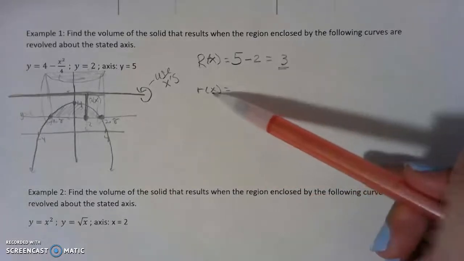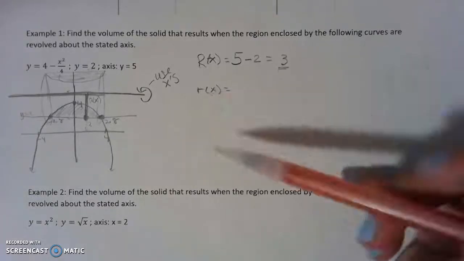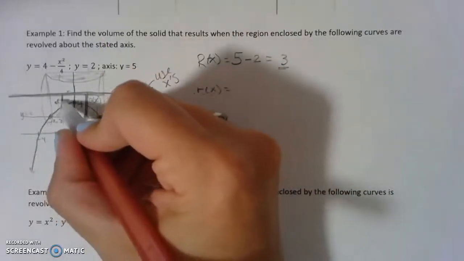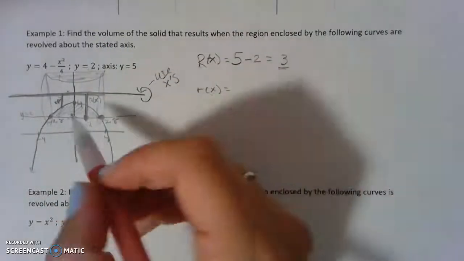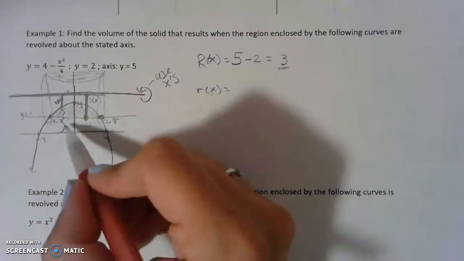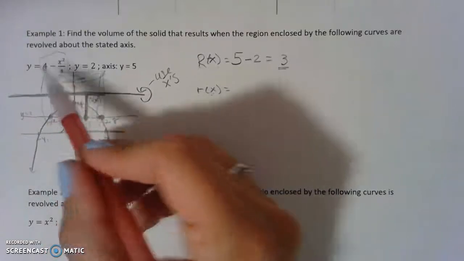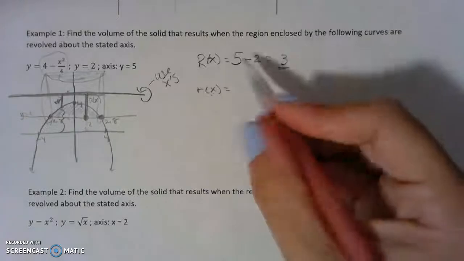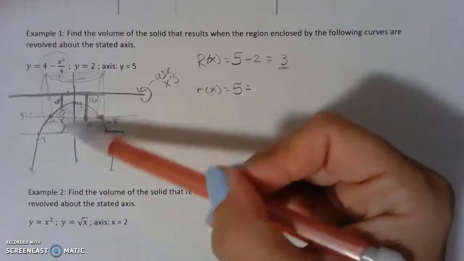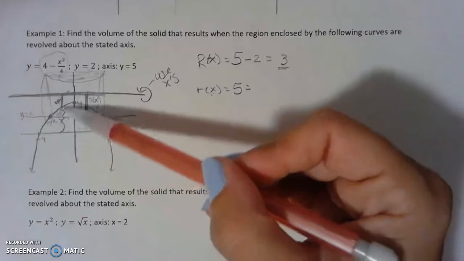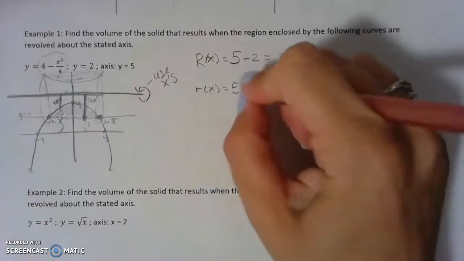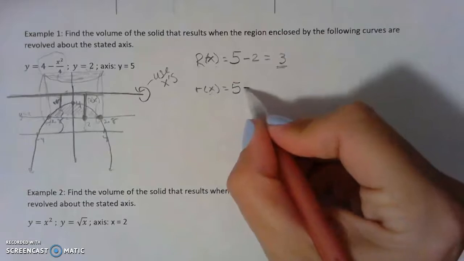Okay, now, little r of x, remember this is to the inside function, so I'll do this over on this side. So this little piece right here is little r of x. Well, we know that this whole piece is this function right here, and we know that the whole distance is 5 to where we're rotating it. So if I subtract this piece that we know, we can get the piece that we're looking for. So, sorry, I don't know why I wrote an equal sign.